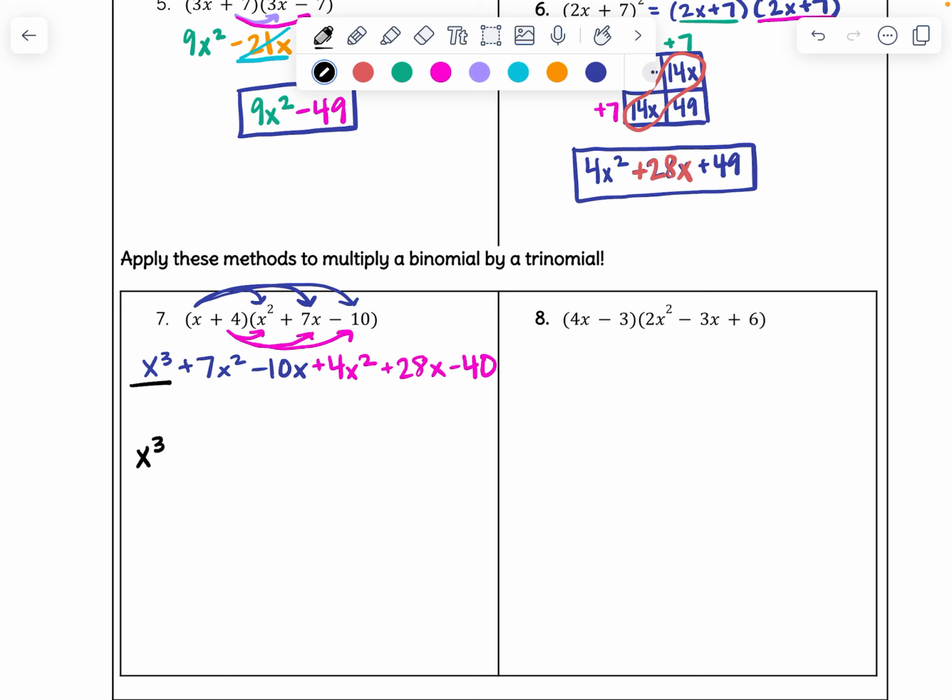The second highest exponent will be 2, so I have 7x squared and 4x squared. When I add those together, I get 11x squared. The next term would be negative 10x and positive 28x. Negative 10 plus 28 is positive 18. And then the last term, there's only one constant, so just bring that down.